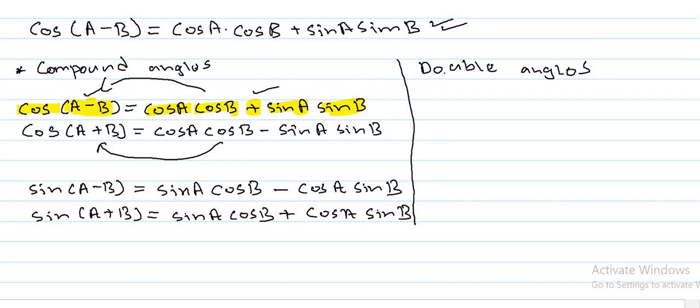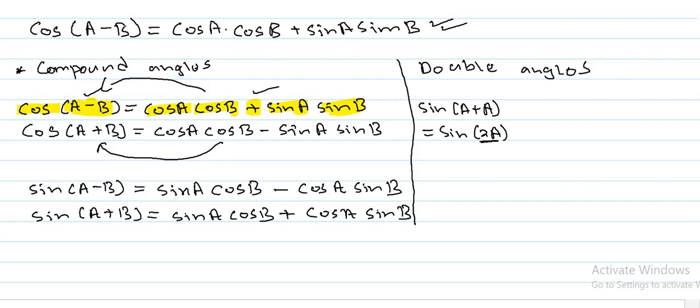For example, when we have the sine of A plus A, it is the same as the sine of 2A. Hence we say double angle.